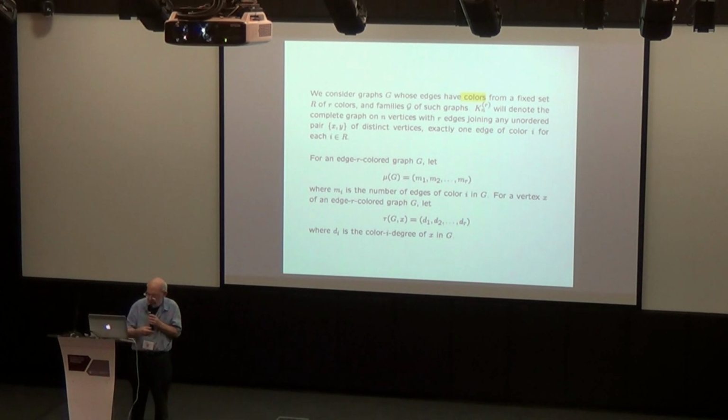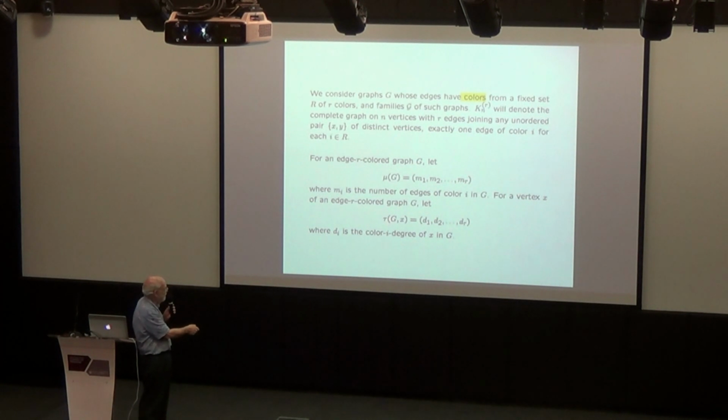And to give necessary and sufficient conditions for the asymptotic existence of these decompositions, I need to consider, instead of just the numbers of edges, for every color the number of edges of color i. So that's what this vector is. M1, the number of edges of color 1 in G. These are functions of G. Through MR, I have vectors.